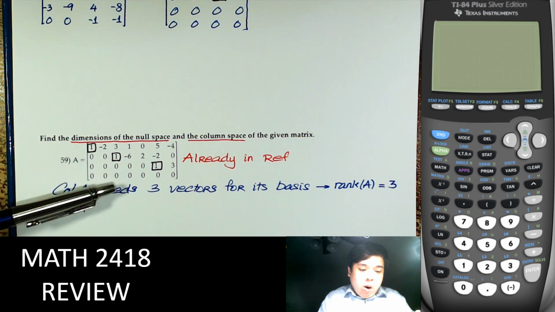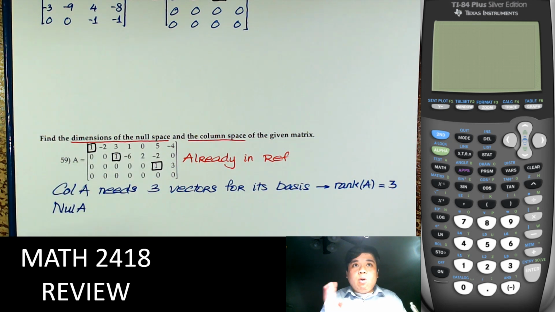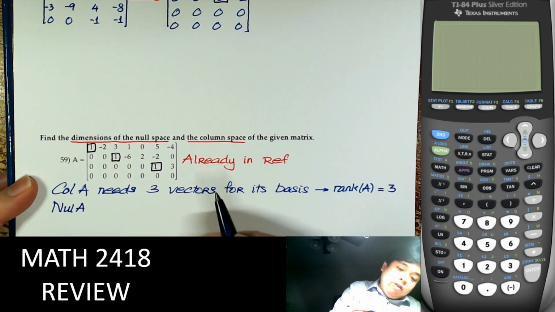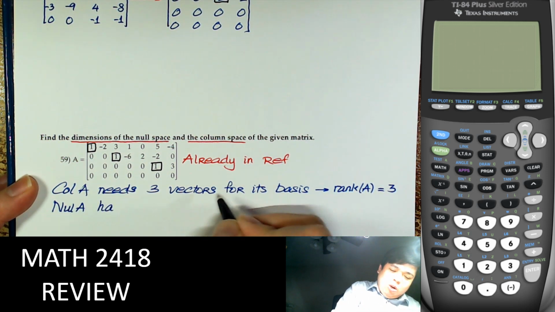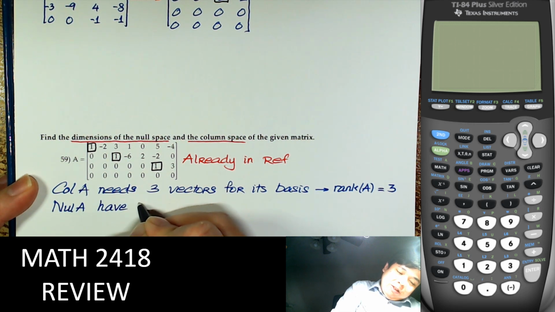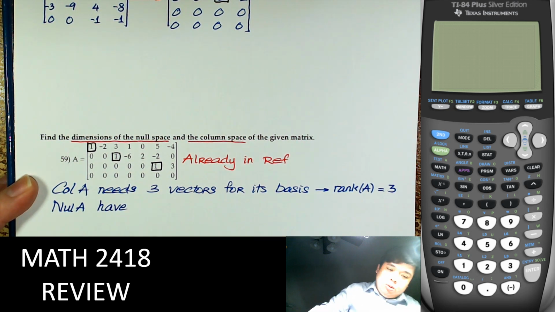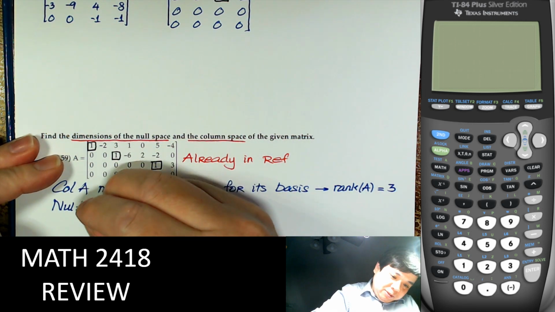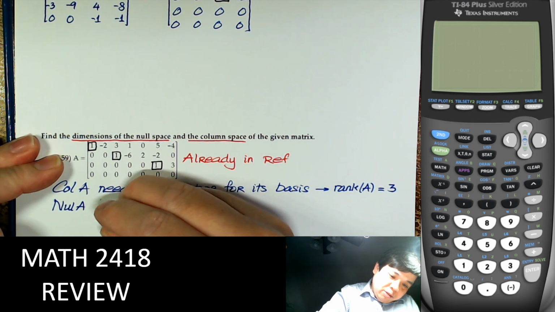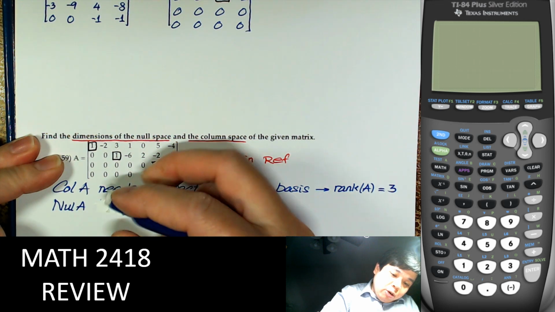We have 1, 2, 3, 4, the 4 free variables. So the null space of A will have 4 vectors in these spaces. I can write the same way, just write exactly as that, because of the 4 free variables.